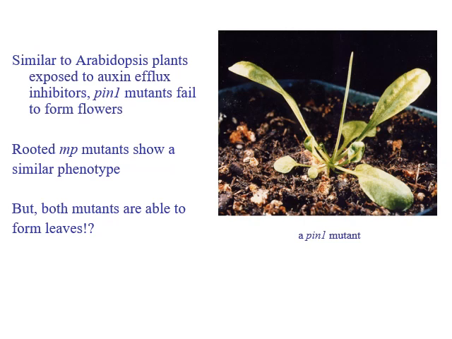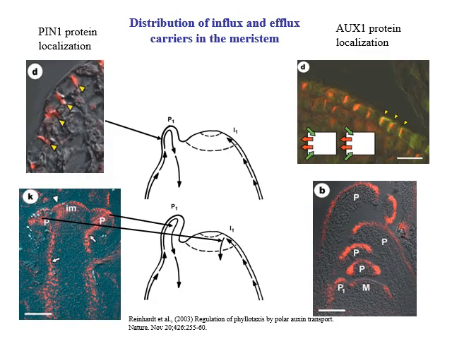There's, as I mentioned before, a little bit of a contradiction. Both mutants are able to form leaves, but they don't form the flowers. The lower part here is just an expansion of that. So this is a reproductive meristem longitudinal section, and it's hard to see here, but you have a flow of auxin, based on the localization of the proteins, up to the tip of the primordia, and then internally down here that will form one of the vascular bundles of the stem.